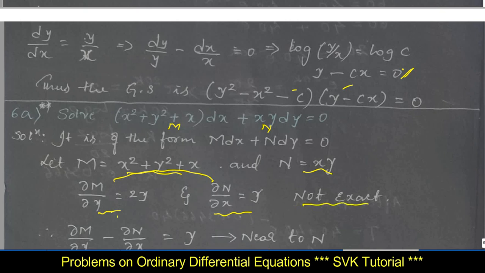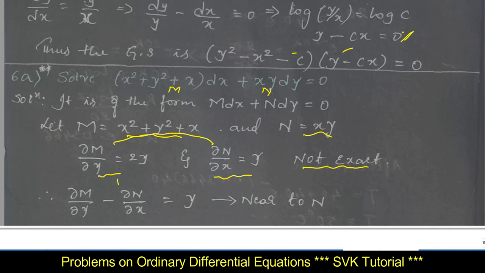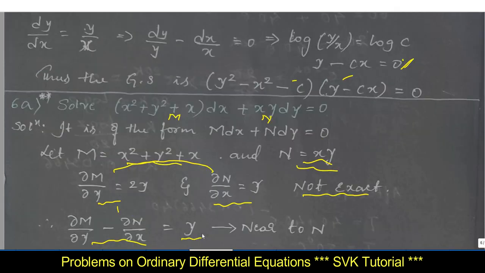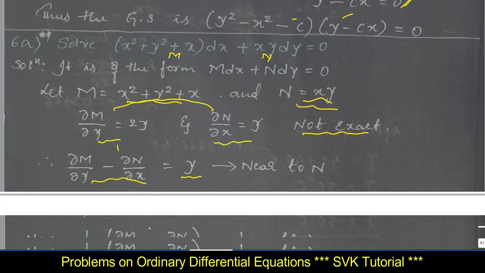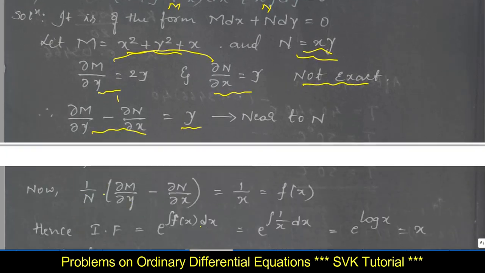So for that reason, we are going to take the difference of those two partial derivatives, del M by del y minus del N by del x, which is nothing but 2y minus y, which is equal to y. So this y value is nearest to N. So as the difference is nearest to N, we are going to divide this difference by N. So we are going to get now 1 over N into del M by del y minus del N by del x, which is equal to 1 over x.